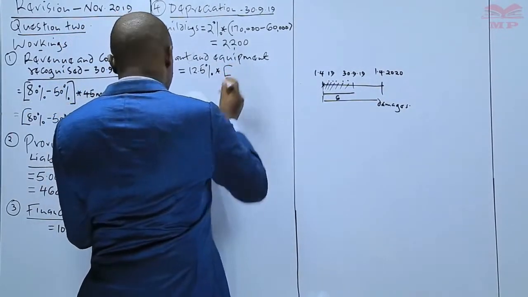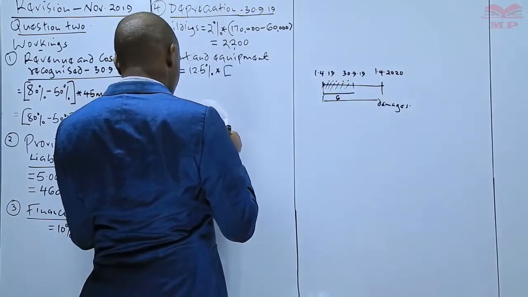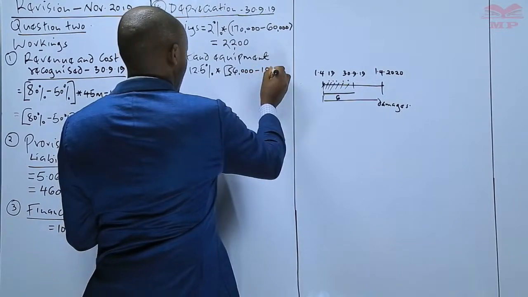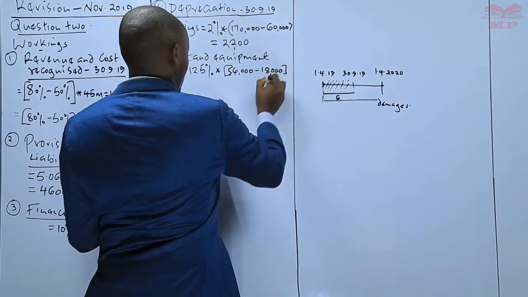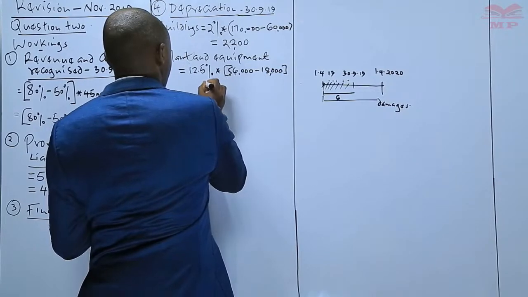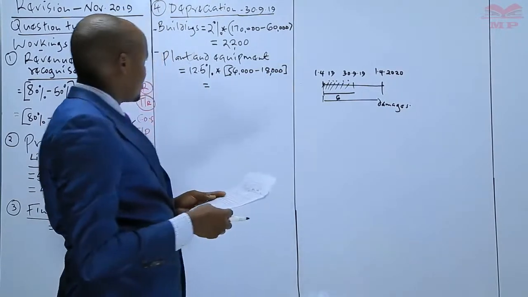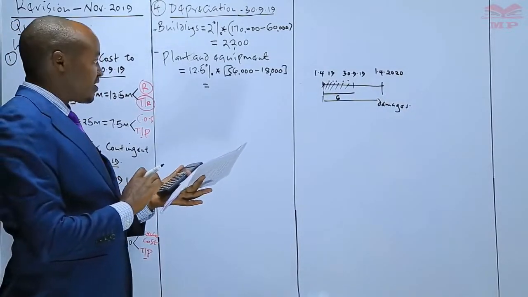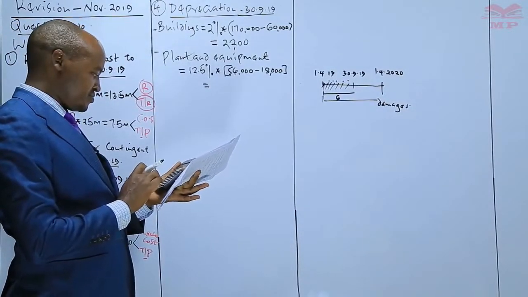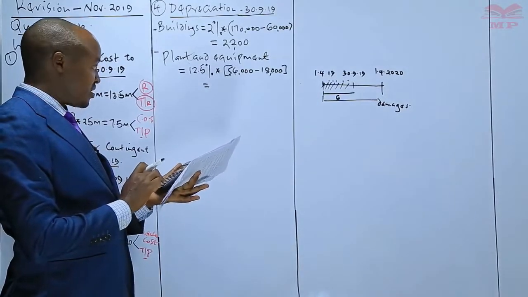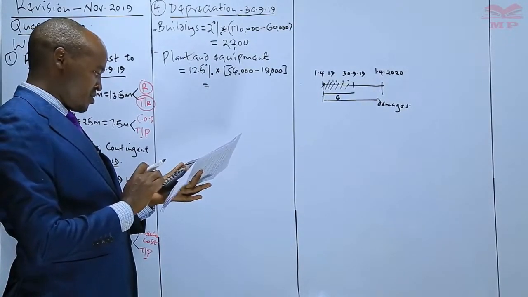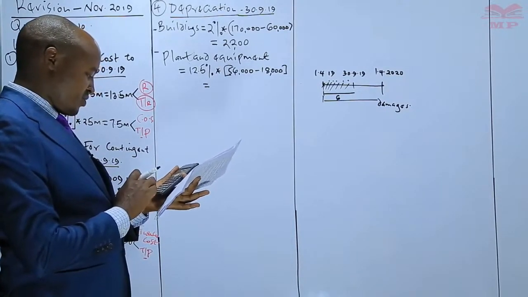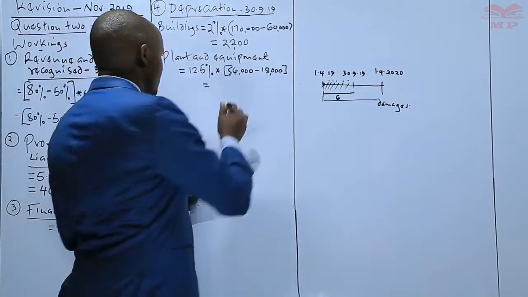If we go back to the trial balance, the cost in our case for plant and equipment is given as 56,000. And then we less the accumulated depreciation, which is 18,000, and then we get the depreciation for the current year. So let's compute that. We have 56,000 minus 18,000, times 12.5%.